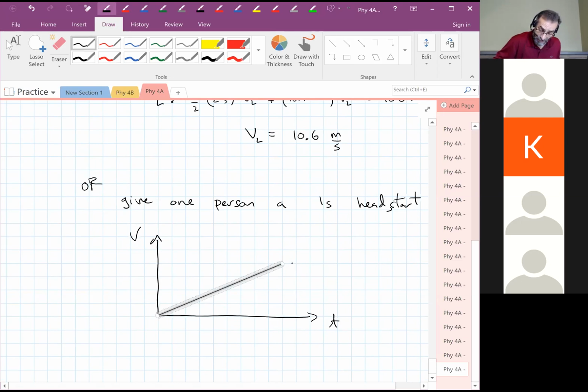Let's say we wanted to know at what time. So here, let me write out more of the problem. Give one person a 1 second head start. Both accelerate with constant acceleration. This is another typical problem.